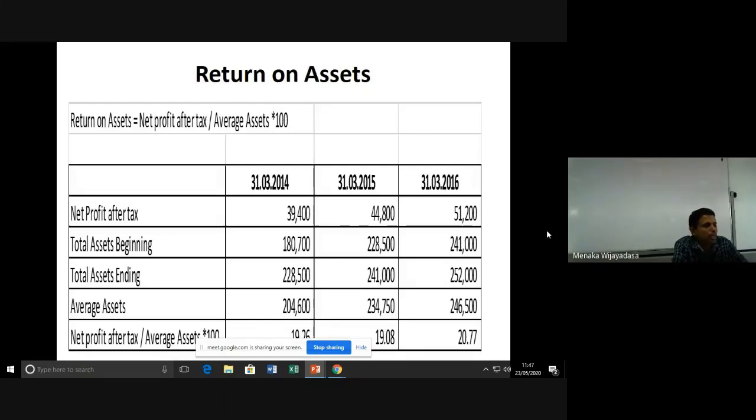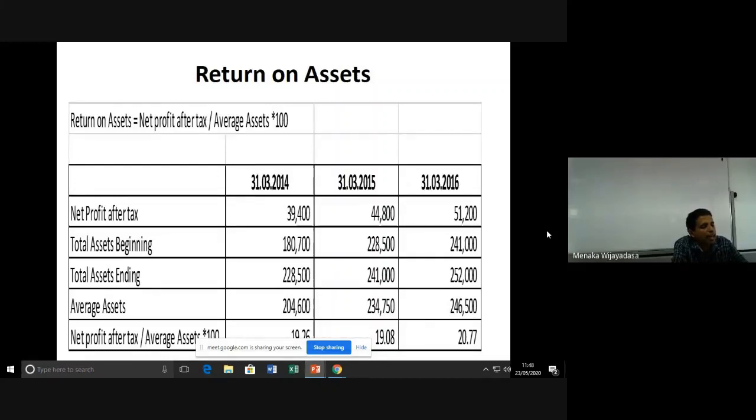Because we have something called deposits, right? A bank's main asset is loans and advances. The total assets of a bank are financed more than 90% using deposits.